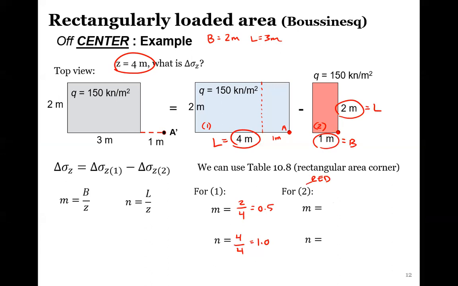So our M is B divided by Z, which is 1 divided by 4. So that's 0.25. And then our N is 2 divided by 4, which is 0.5. That's really important. The distinction between B and L, when we divide these areas up, that might change. So the L is always going to be the larger one.